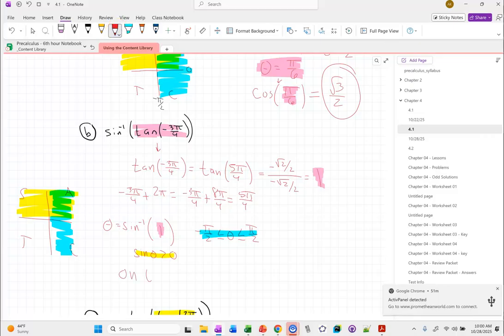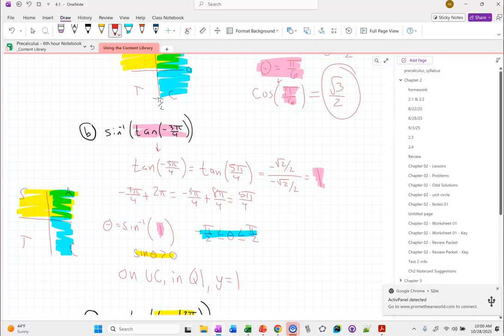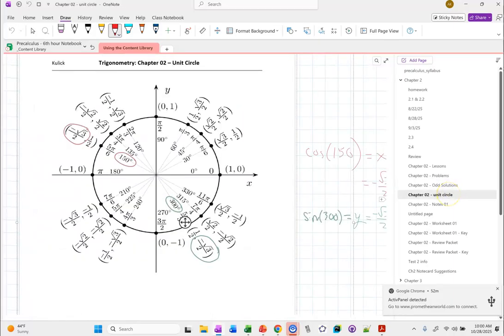So on the unit circle, in quadrant 1, we're looking for where sine, or where y, because we're doing sine, is equal to 1. It is pi over 2. So if I go and I look at my unit circle, I look at the y's, boom, there's y equals 1 at pi over 2.